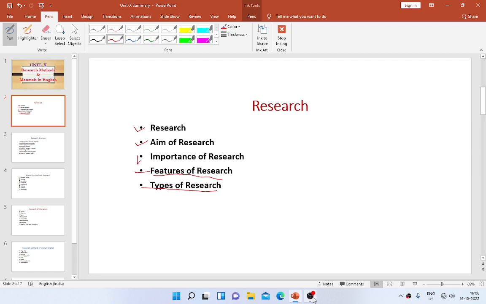Quantitative research is mostly associated with the positivist or post positivist paradigm. It involves collecting and converting data into numerical form. We can do statistical calculations and draw conclusions. So then there is qualitative research.